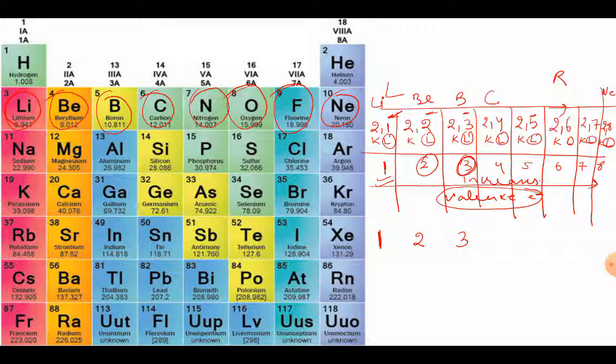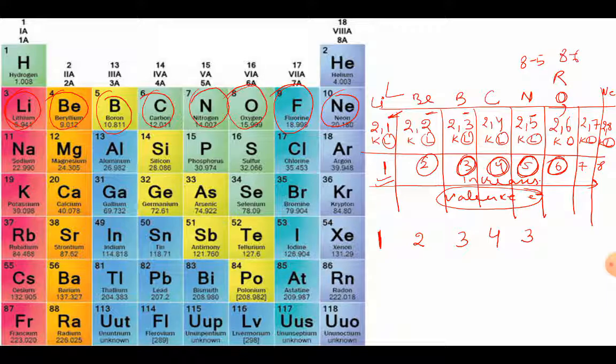Then carbon, the valence electron is 4, fits into the first rule, 4. But now nitrogen, the valence electron is 5. Now it will go into the second rule, that is 8 minus the valence electron, and the valency turns out to be 3.